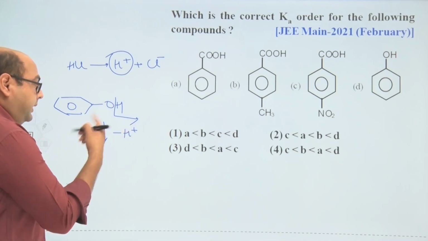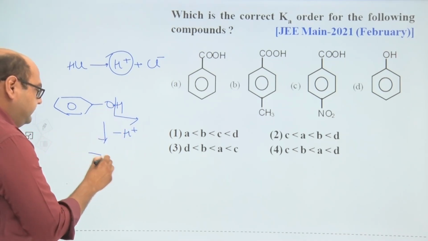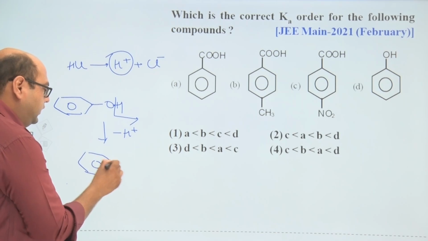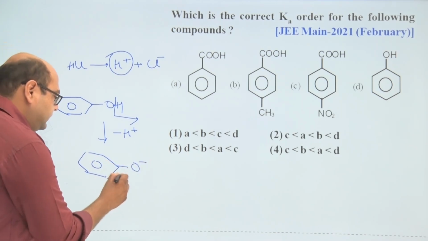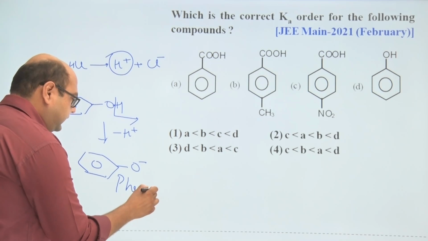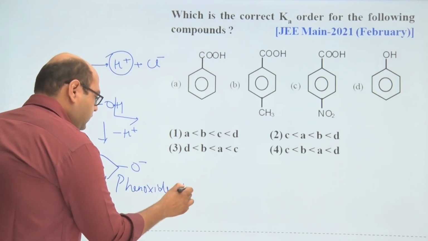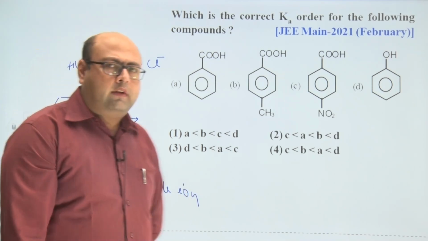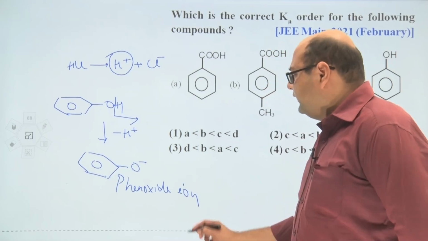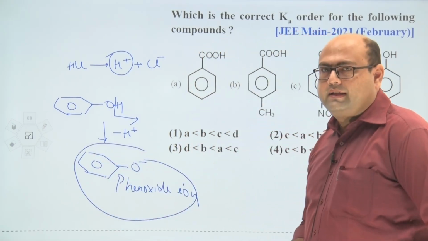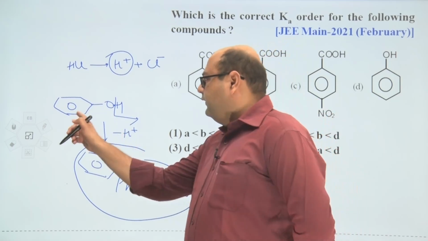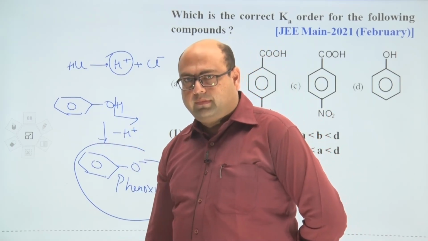But after the donation of H plus ion, this phenol is forming this ion here. And this ion is known as phenoxide ion. And what I am saying is, if this phenoxide ion is stable, then phenol will be a good acid.